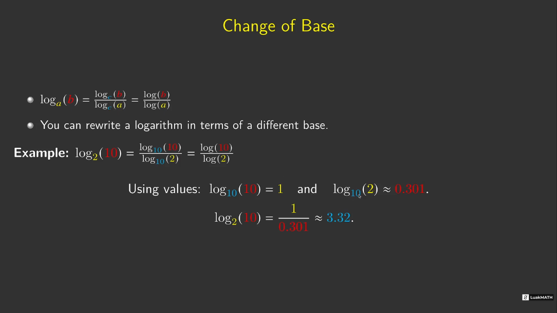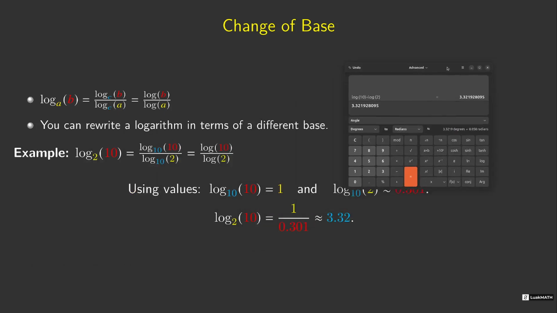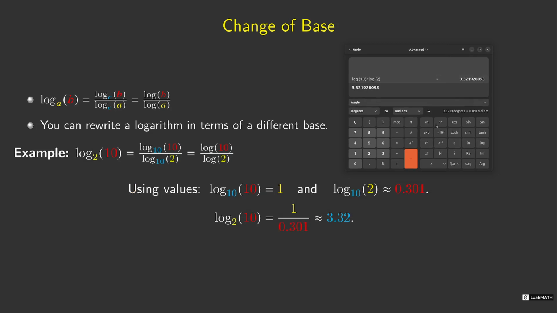Now log of 2 to base 10 is approximately 0.301. And computing this is just a matter of dividing 1 by 0.301. So it's going to be 3.32, which I just showed you right here.